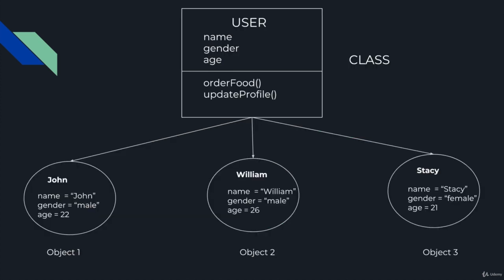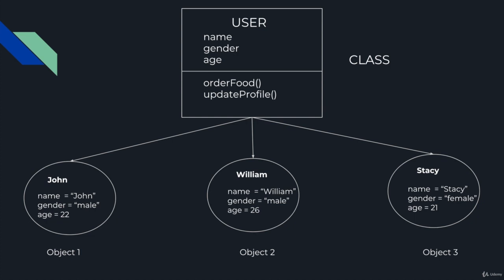Similar to John, we can create multiple objects like William, Stacy, which have their own state and behavior. The state will be name, gender, and age, like you can see. These are multiple objects created using the template or a blueprint, which is nothing but a class.